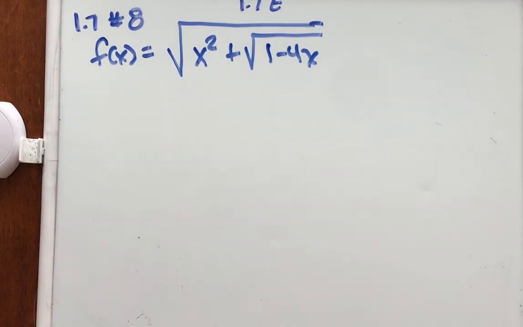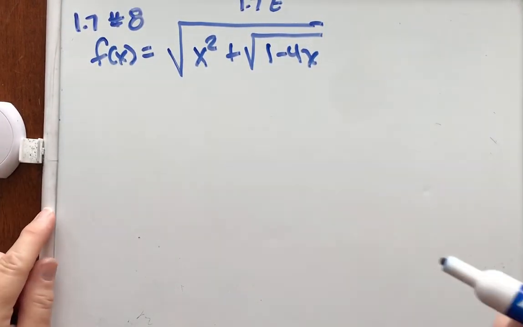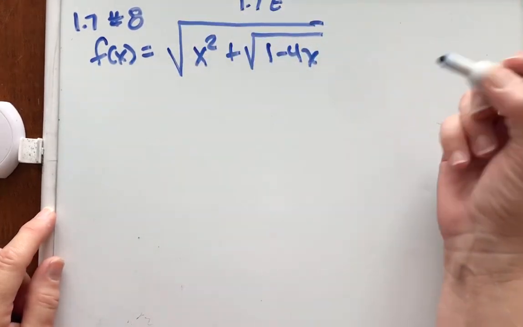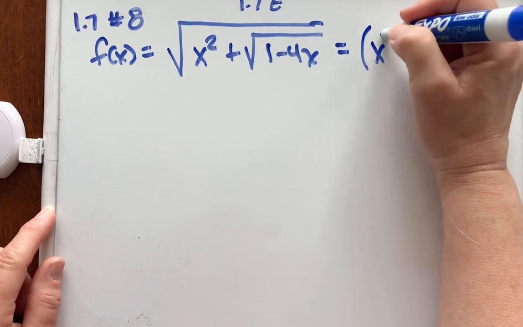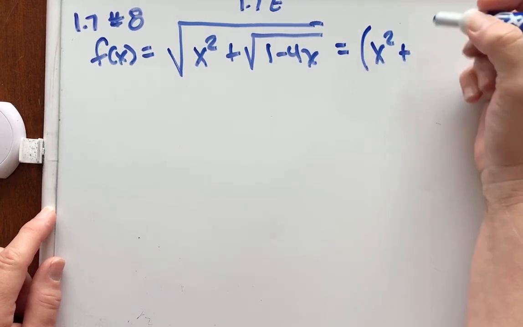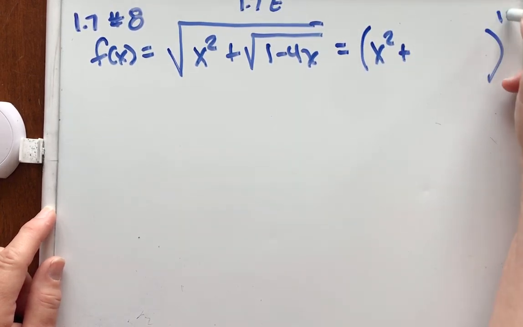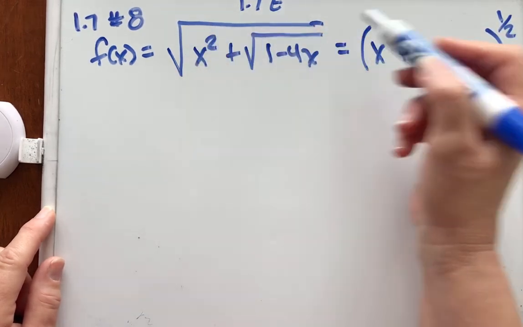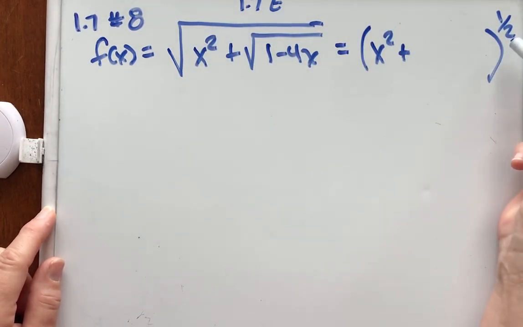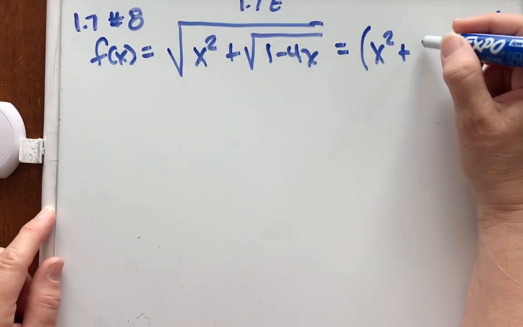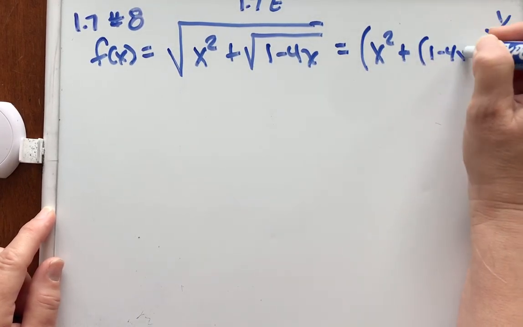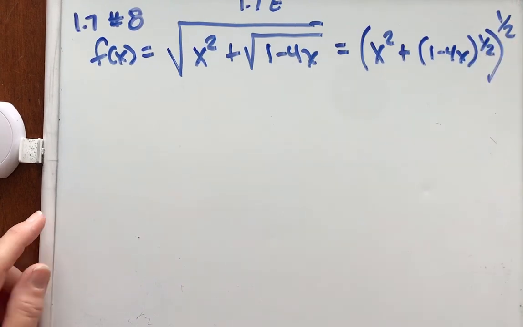Okay, so how are we going to handle this? My suggestion has always been that when we have a square root, we change it to the 1/2 power. So this will be x squared plus all of this to the 1/2 because of this square root. But then what do we also have? We have another square root, so I'm going to change this to 1 minus 4x to the 1/2.